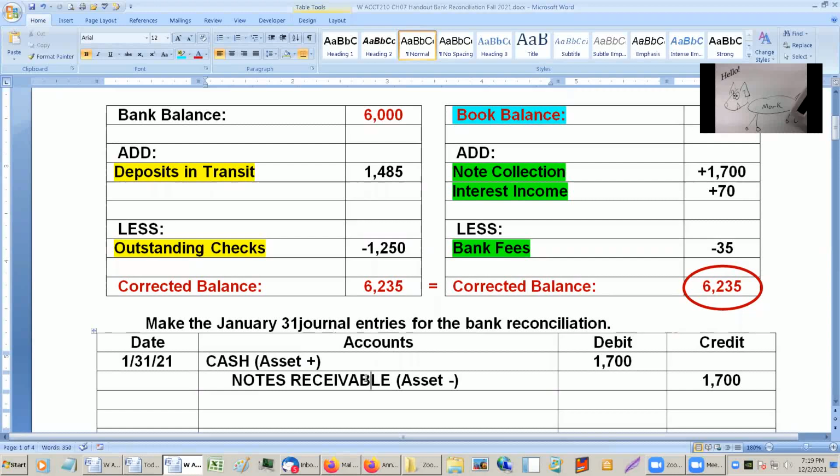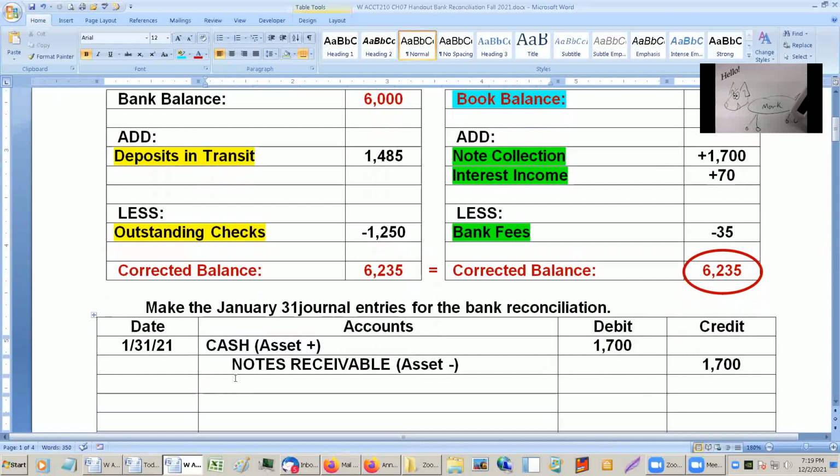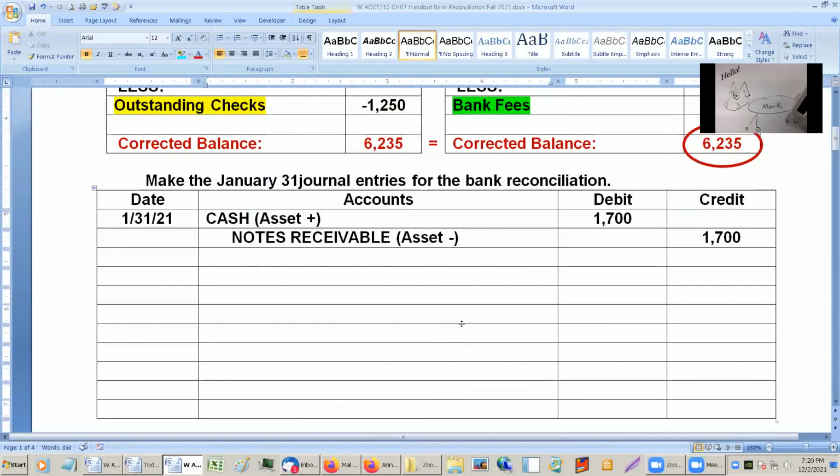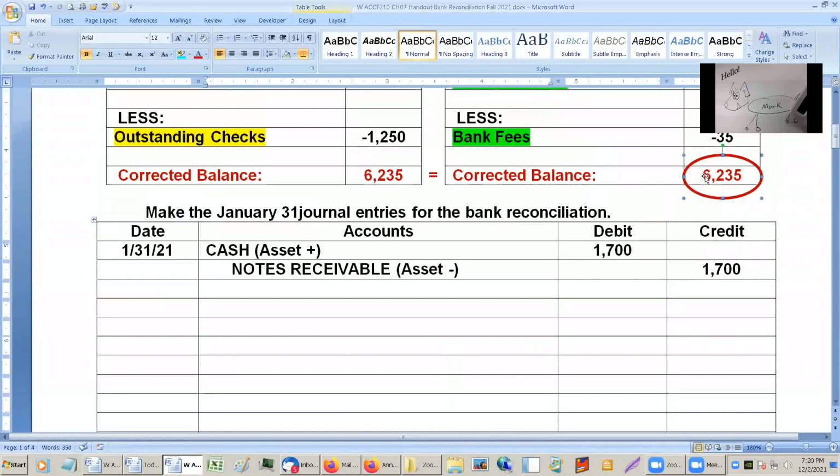But anyway, some kind of receivable. And now that we collected it, we have to take that off the books. So our cash goes up, and you'd rather have the cash than a note, right? So that's good. So the cash goes up, and we take the notes receivable off the books. And again, for this one, we're more thinking about the cash, trying to get this cash to the correct number here.